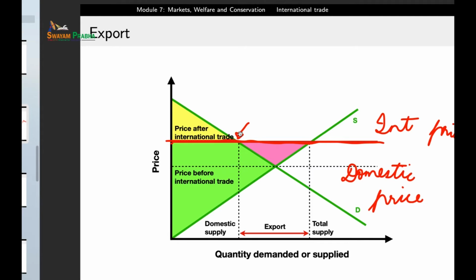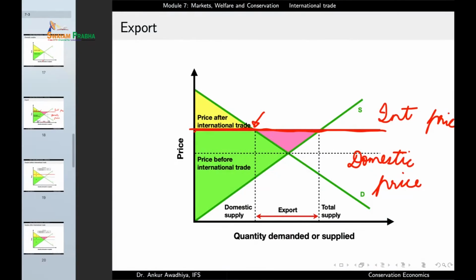We have observed that once the market has been opened, the international price is the price that will prevail in the domestic market. Now, how much is the quantity demanded or supplied at this price point? The quantity that is demanded at this price point will be given by the point where the price line cuts the demand line. So, it is this point. And at this point, the quantity that is demanded in the domestic market is given by this much.